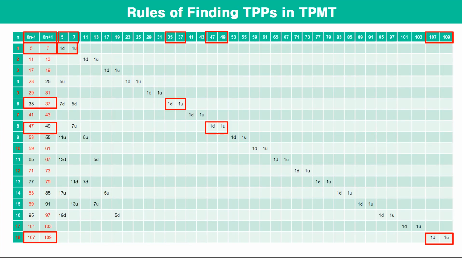So we hope you understand the rules of finding TPPs in TPMT. We present an example table here, and you may take some time to look into it in more detail.